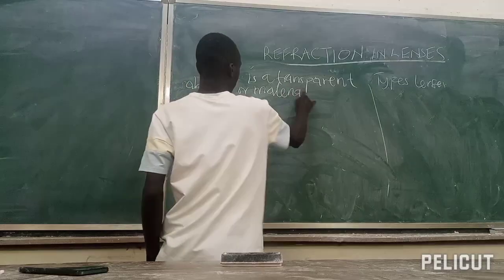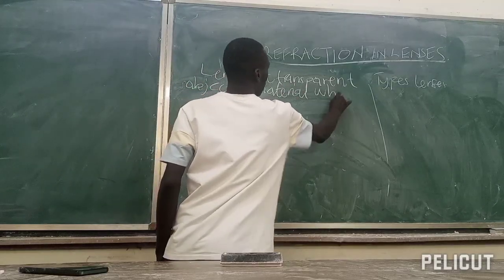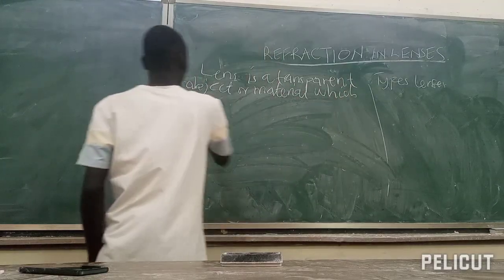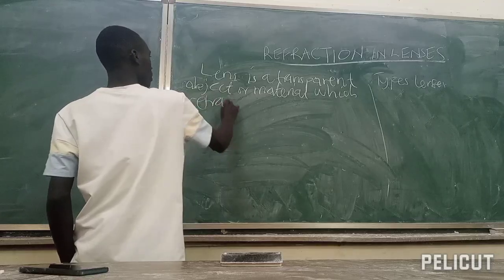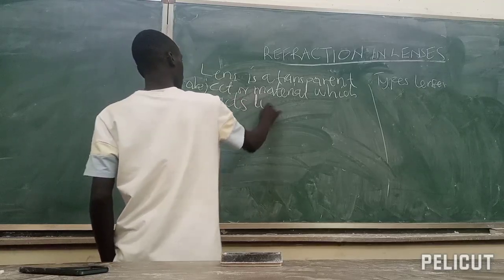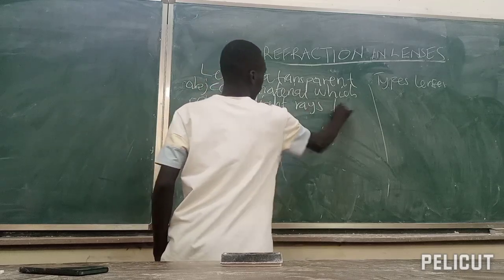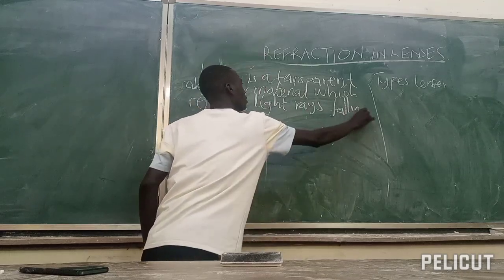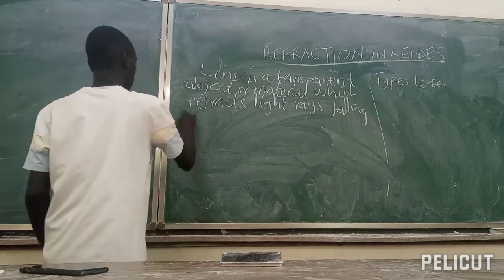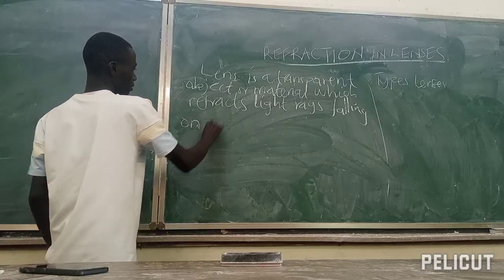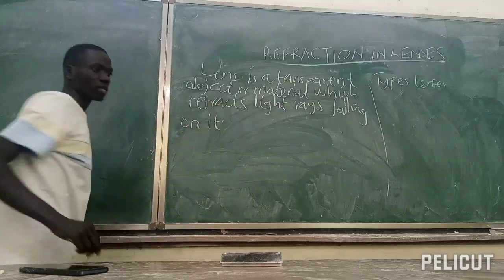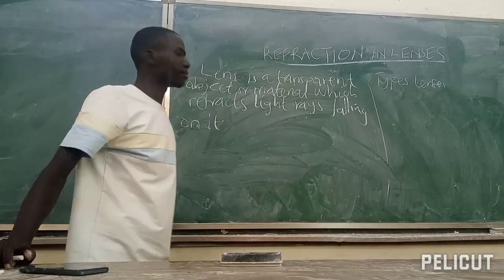Sometimes you call it glass, which refracts light. Refracts light rays, like rays falling on it. So as I said, you must know what we mean by lens.